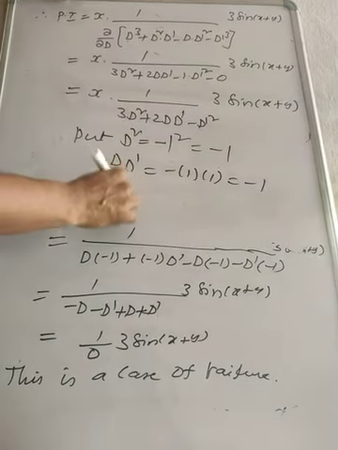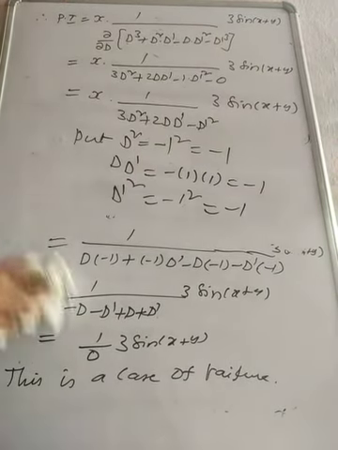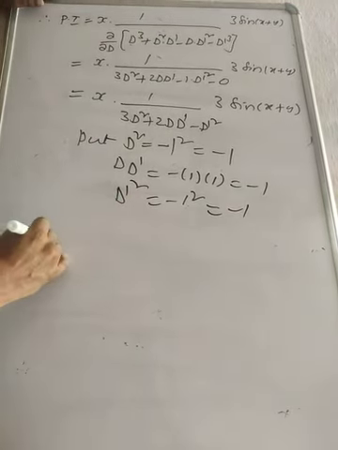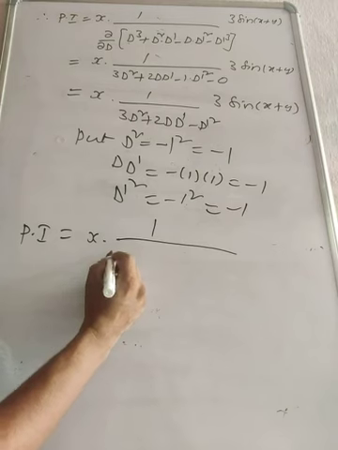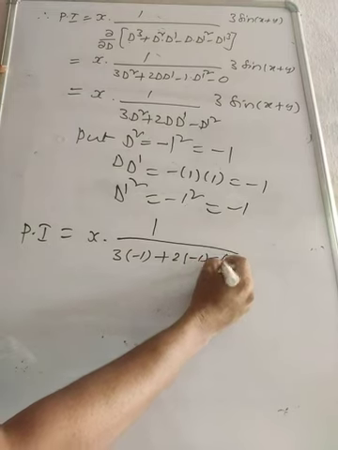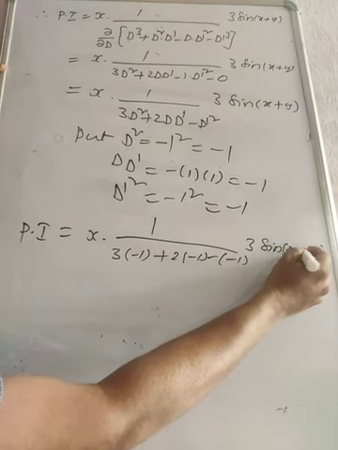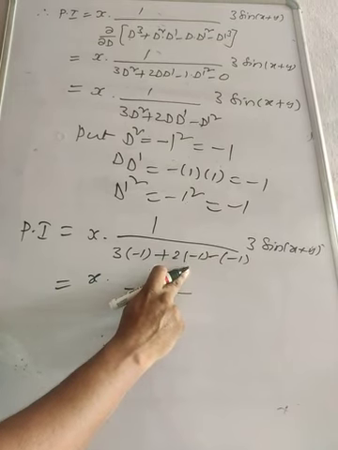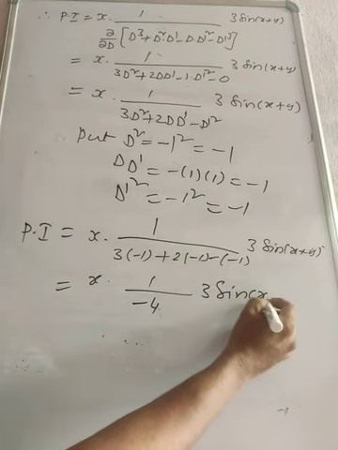That equals particular integral equals x · 1/(3(−1) + 2(−1) − (−1)) of 3 sin(x + y). That equals x · 1/(−3 − 2 + 1) = 1/(−4) of 3 sin(x + y).